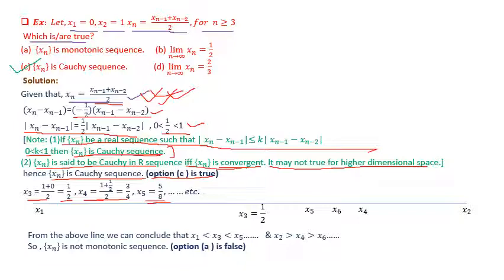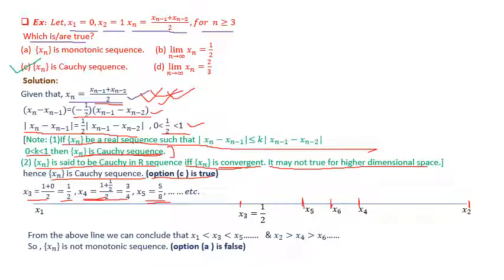Similarly, x4 equals (x3 plus x2) by 2. That is, x4 is the midpoint of x3 and x2. Similarly, x5 is the midpoint of x3 and x4, and x6 is the midpoint of x4 and x5.